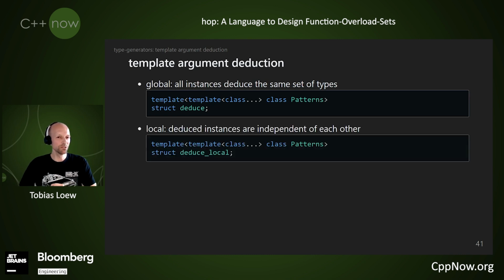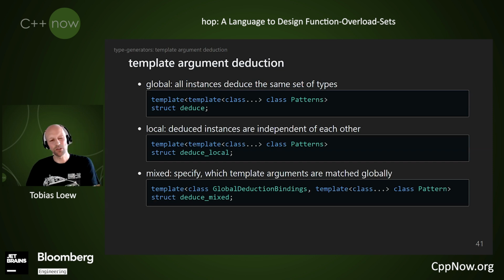But we also want to do the opposite way. We want to say, okay, I only want to do local deduction, so deduction only for the single argument, which would mean I could say I want to have a bunch of vectors and all may have a different value type. I only want the vector template matched.